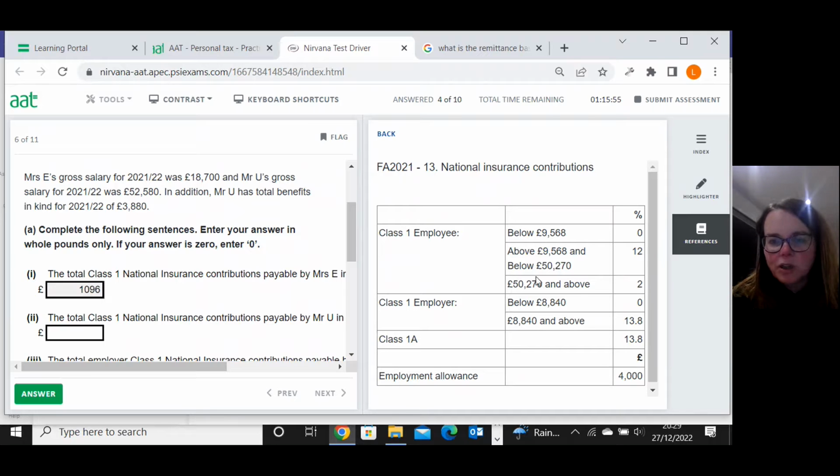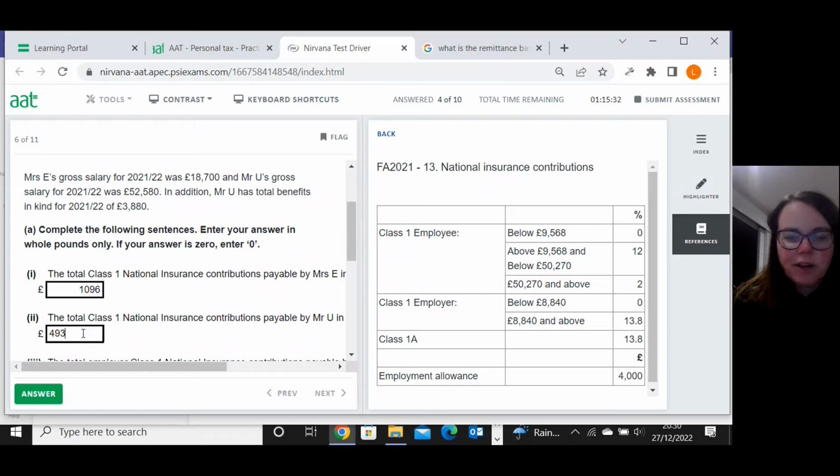And then we just do 2% of the excess. So 52,580 minus the 50,270, and then 2% of that. All right, so that gives you 46. Add that on to the 4,884. And the answer for Mr. U is 4,930.